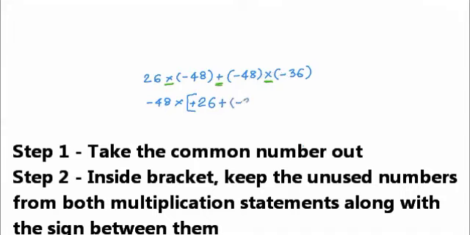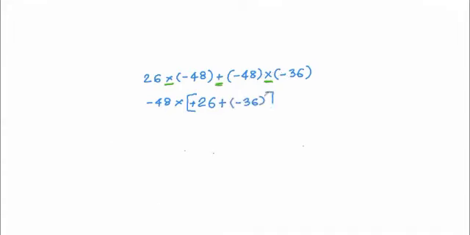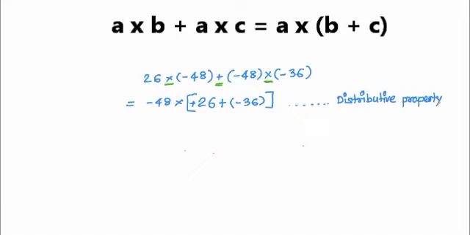So plus minus 36. So what we have used is the distributive property, and we have used the second representation of the distributive property, where we are taking out the common.